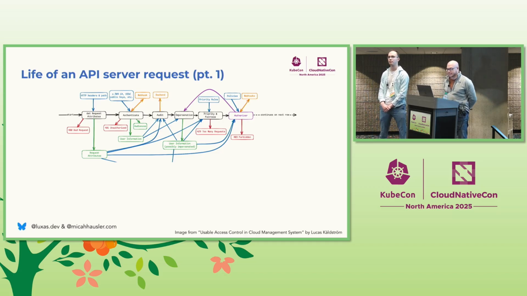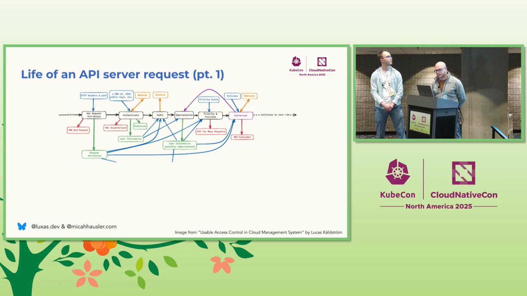But then there's all kinds of other states here where you're calling out to webhooks for authentication potentially, or authorization. You're evaluating out-of-memory policies that are tied to state potentially. You're decorating the request with user information, and this is all happening in the API server.